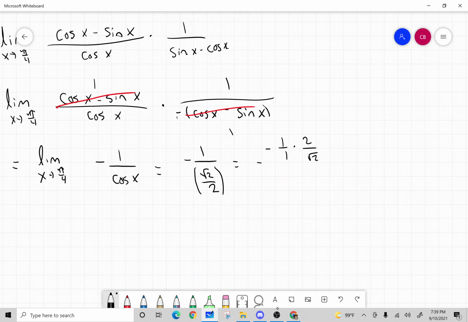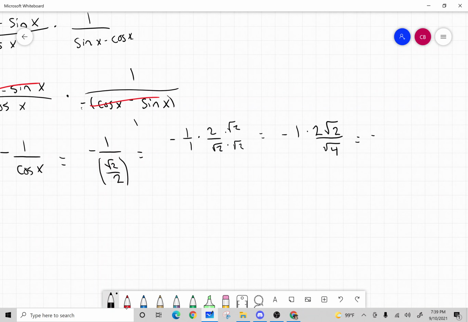If we want to rationalize the denominator, because that's what they did in the book, times the square root of 2, this is now equal to negative 1 times 2 square root 2 over square root of 4, which is equal to negative 1 times 2 square root 2 over 2. And so cancel, cancel, this is equal to negative square root 2. And that's your final answer. That's the one they have in the book, and that is how you go about this problem.